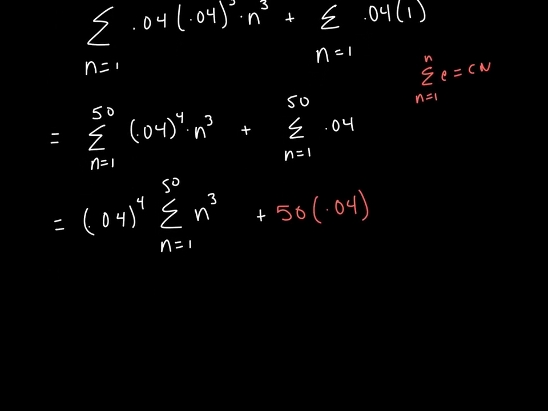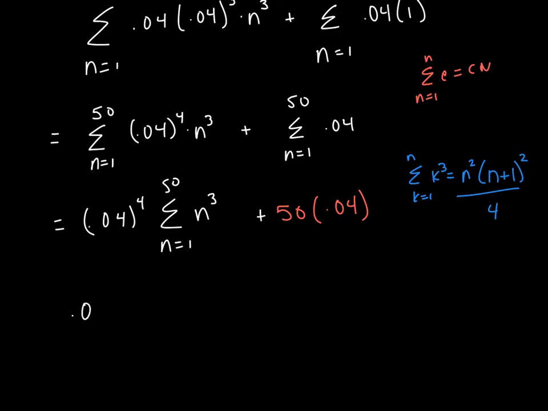And then the next thing that we need to know is that the summation from k is equal to 1 to n of k to the third power is equal to n squared times n plus 1 squared, all over 4. So now I come back in here and replace that.